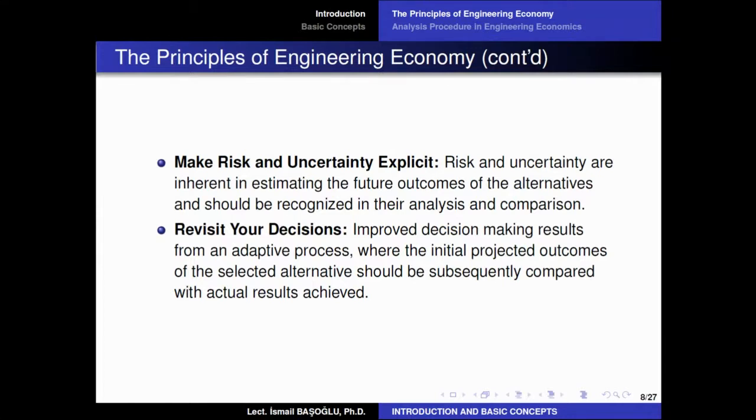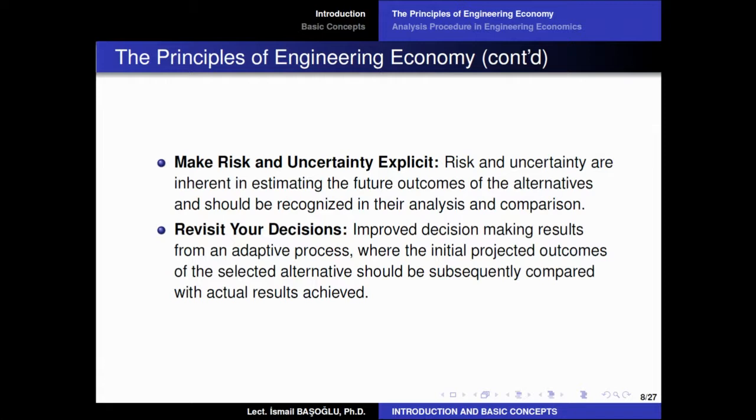How many customers are going to visit your supermarket? It is uncertain. Therefore, at every alternative, we also have some risk associated with it, and this uncertainty and risk should be recognized in our analysis and comparison.